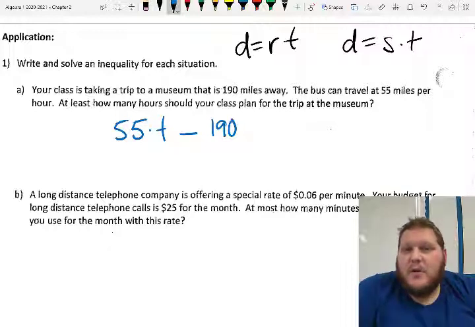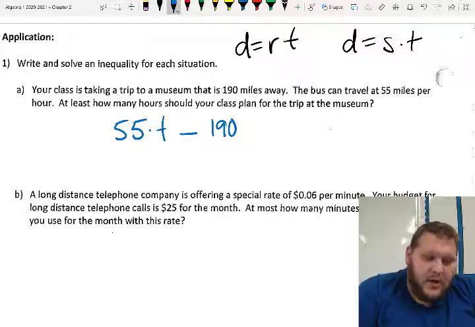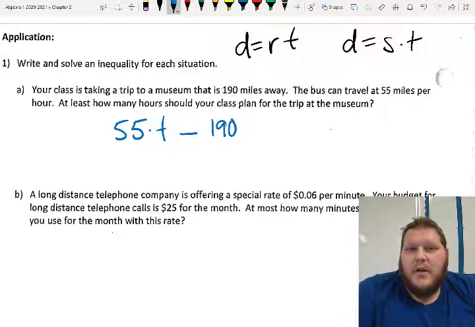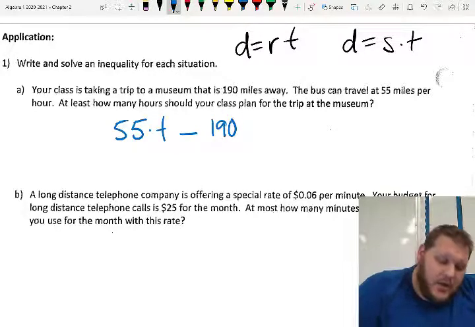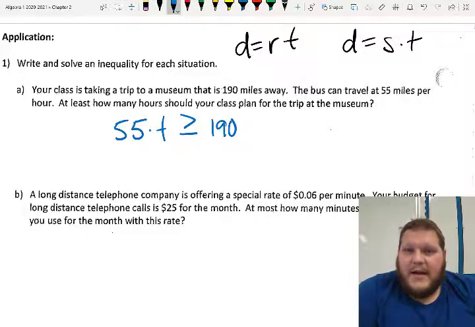But if I have to throw an inequality in here, based on the route that I take, if 190 miles is the actual distance from our school to the museum, that is the shortest route possible to get directly from here to there. So the route that we actually travel, depending on what roads we're taking, could be more than 190 miles, right?